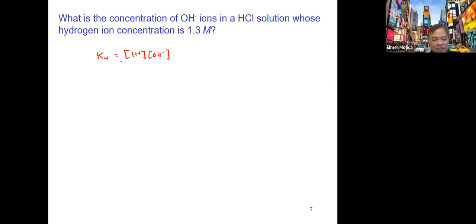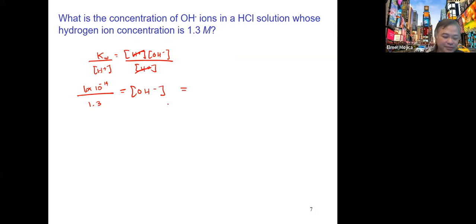So if we have this one, we just divide this by the H plus, right? Kasi ang hinahanap natin ay OH minus. And you have 1 times 10 to the negative 14 divided by 1.3. So ano yung OH minus nyo? That's the answer.